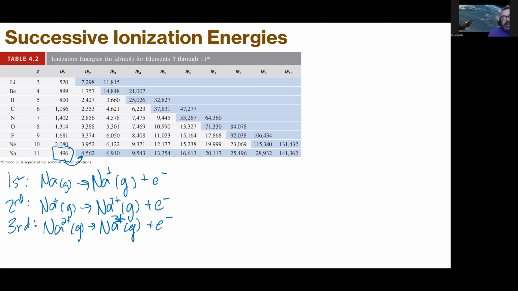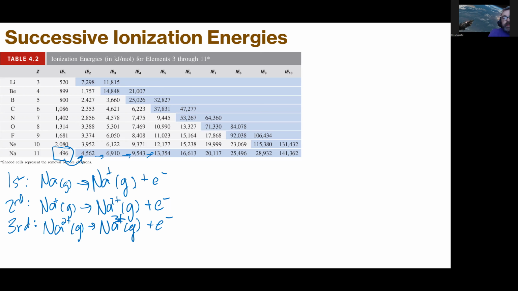The second ionization energy is 10 times as much as that. Each one of these gets higher. That is a trend. Each successive ionization energy increases because it's a higher effective nuclear charge every time you take away an electron. So it gets harder and harder to keep removing electrons.